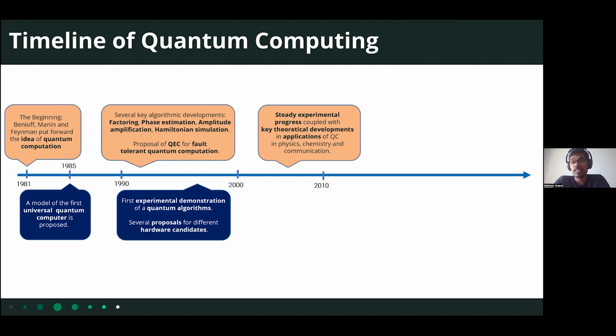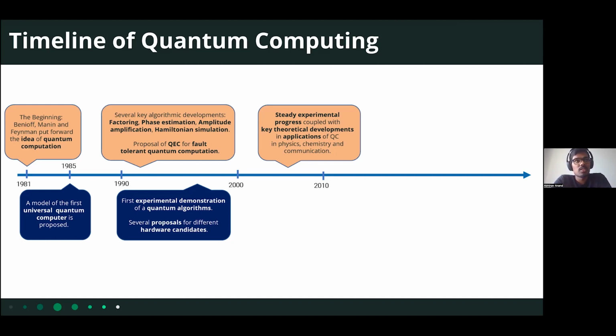And the proposal of quantum error correction codes, which you just heard about, was also first introduced in the 90s. Obviously, a lot of experimental progress was also made, like the first experimental demonstrations of qubits in different systems.